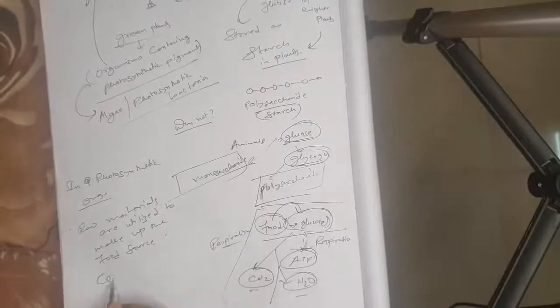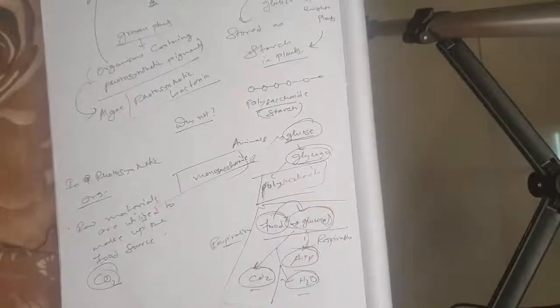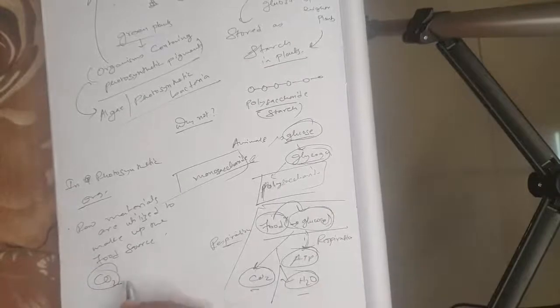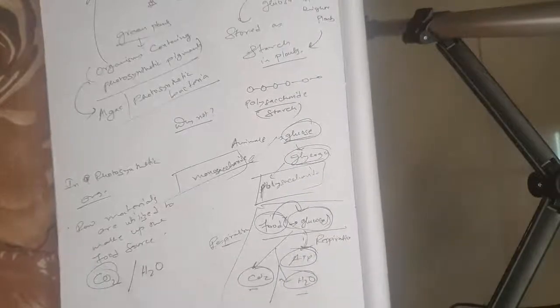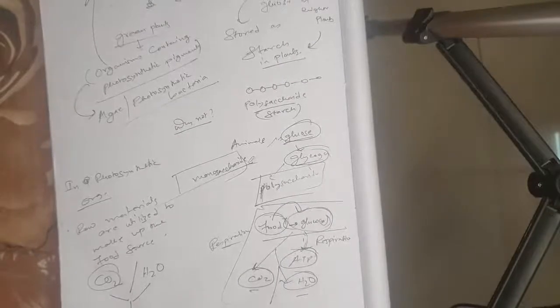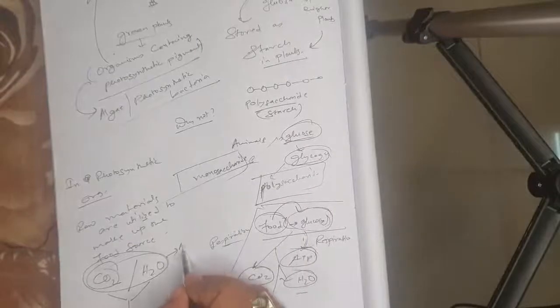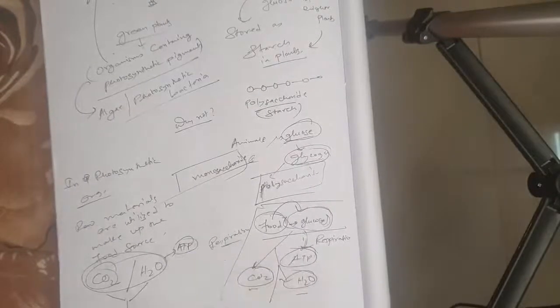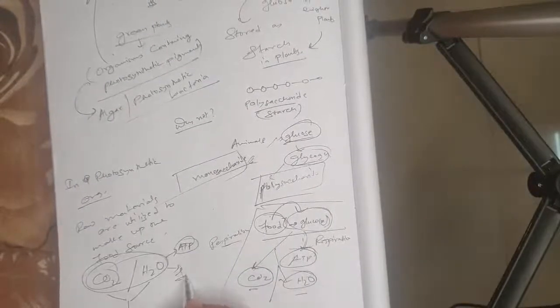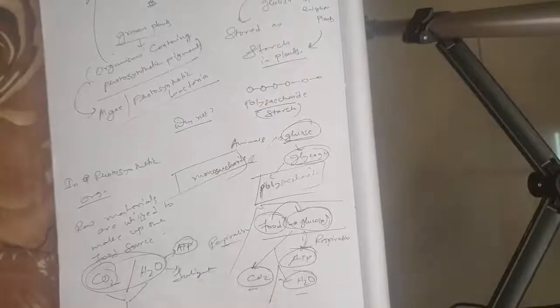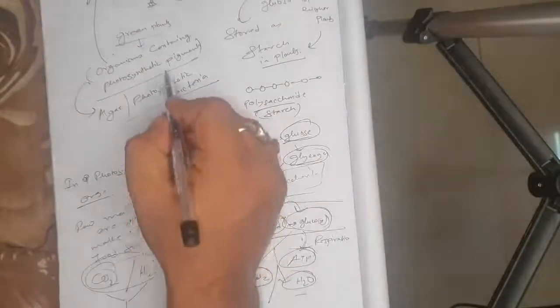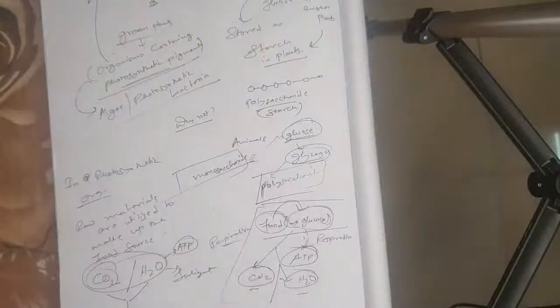So which are these raw materials? These raw materials are basically CO2 present in the atmosphere and the H2O from the soil, and both of them combine to form C6H12O6. And for this they require a lot of ATP. They utilize the ATP, and also another thing, that is sunlight. And also there has to be the presence of photosynthetic pigment in that bacteria.